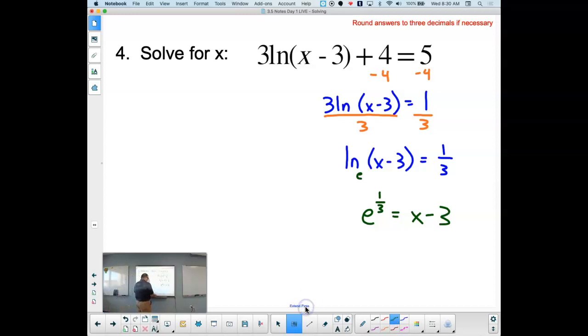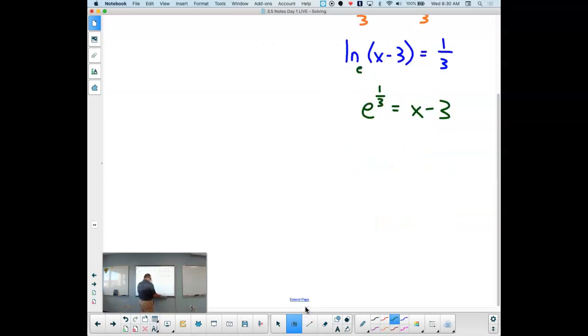Then I would add 3 to both sides. And so my exact answer would be 3 plus e to the 1/3 power.